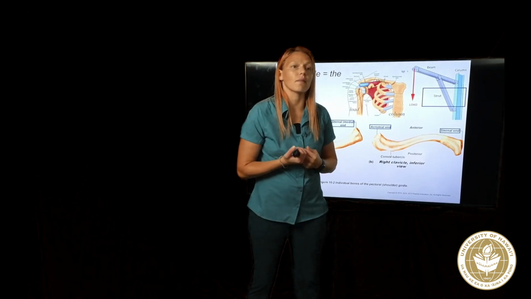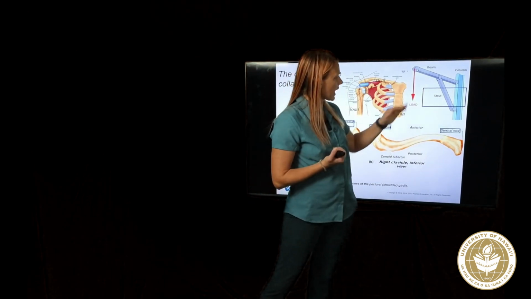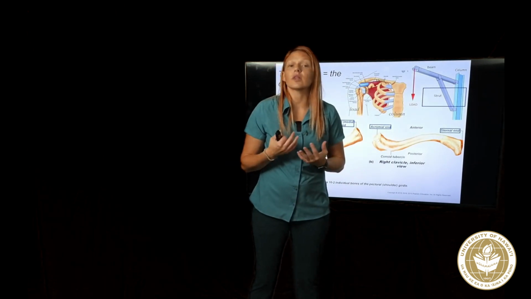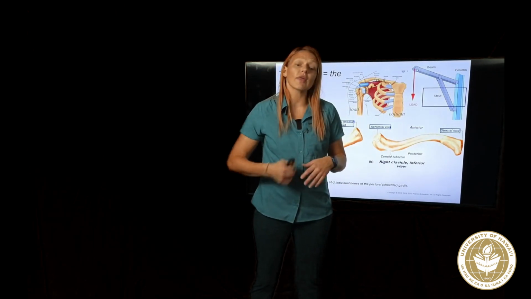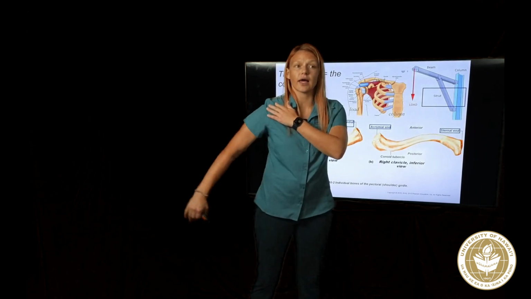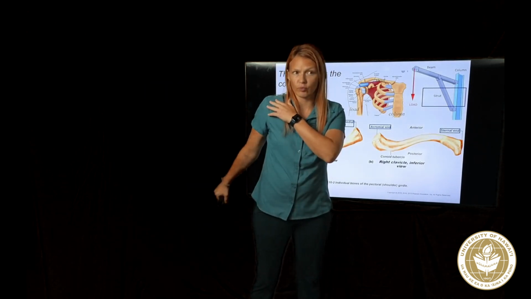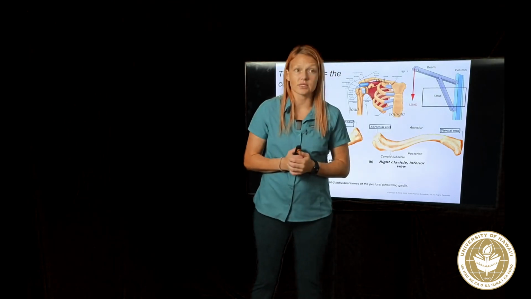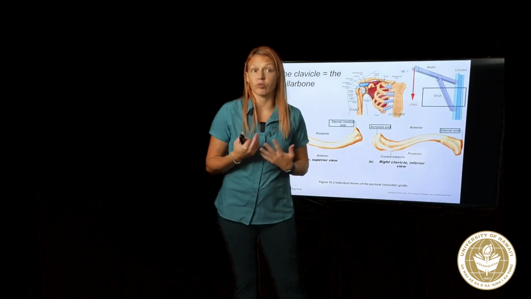The shoulder is going to hang from that, and it keeps that upper limb away from the torso. What that does is that's going to allow maximal free movement, because the clavicle is going to extend past the torso. So the clavicle is going to function in bracing, like say when you fall.